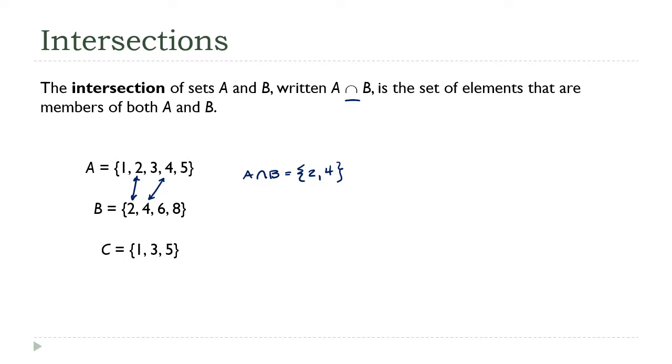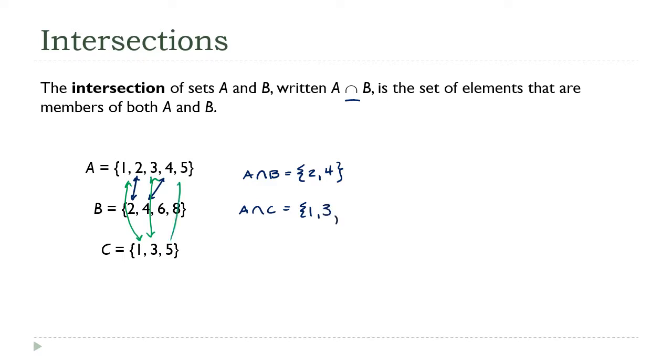Okay, so again, let me give you one. How about the intersection of A and C? Right, what do we end up with here? Well, again, C is the smaller set, so I'm going to use that to drive the process here. 1 is in both sets, so it'll go in my intersection. 3 is in both sets, so it gets to go in my intersection.